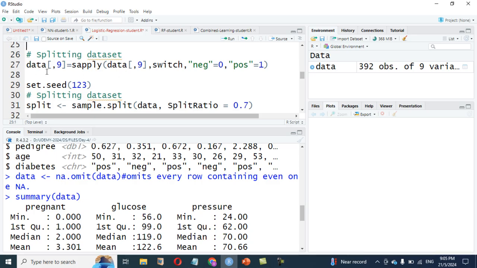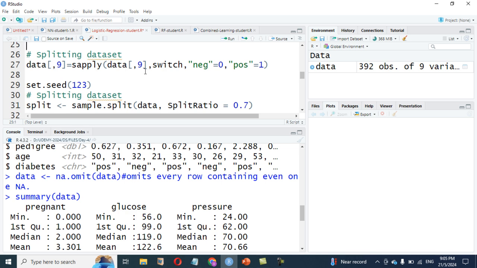So now we have to split the data set. Before we split it, we need to first work on the factor variable, which is number 9. The factor variable is called diabetes.